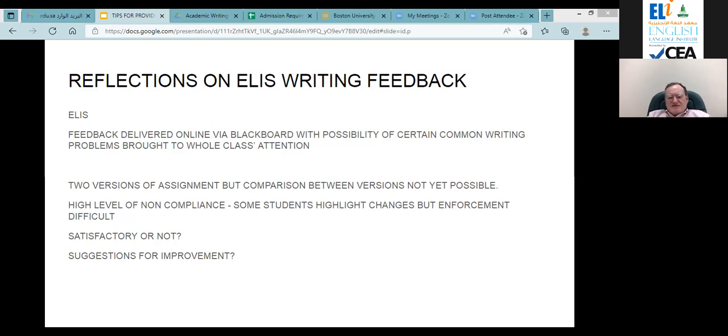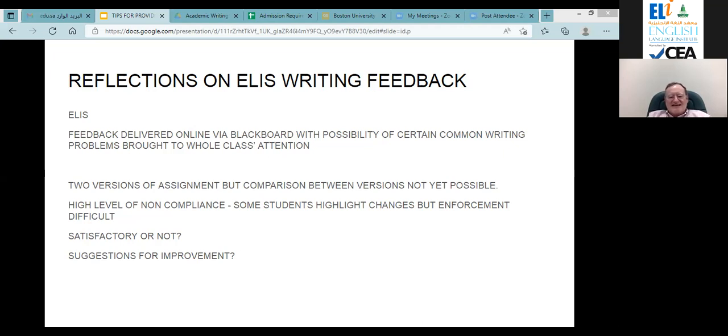There might be a way, I don't know, for teachers to correct in a more intensive manner. But you see, there's a first version and a second version, and at this point, we can't really compare them to see if the students have actually made the corrections and responded in a written way to our comments.